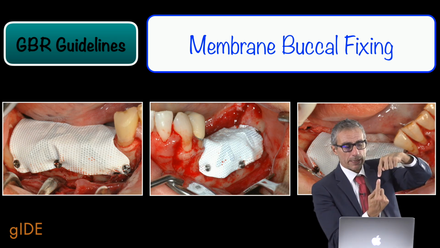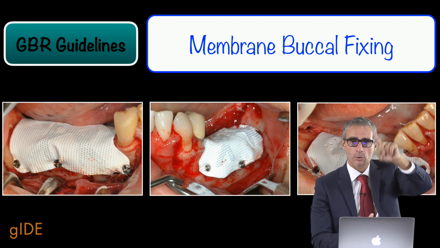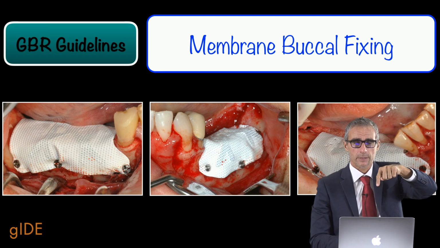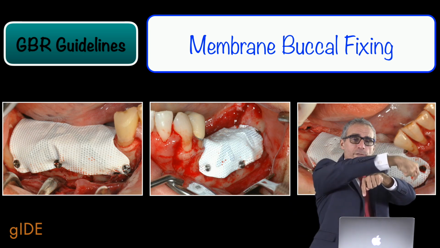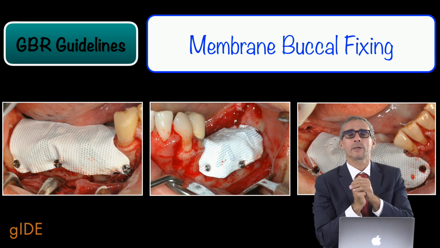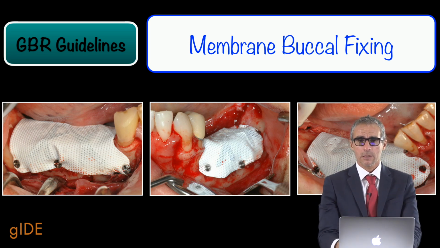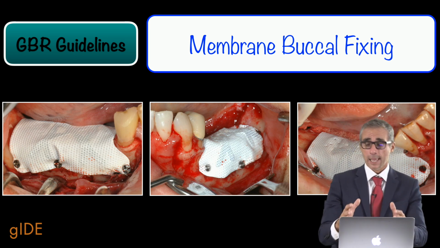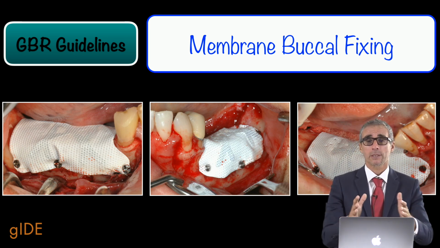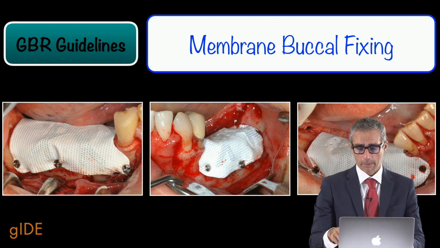Below the membrane there are the implants, the heads of the implants, and we stabilize the membrane with the left finger. I work normally with the right hand, and fix the second self-tapping screw on the distal part of the lingual side. In this way, we can stabilize perfectly the orientation of the membrane.